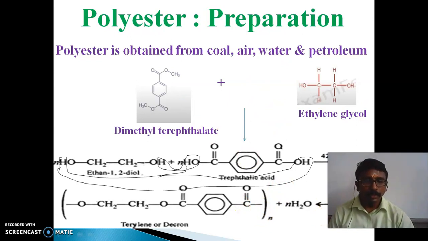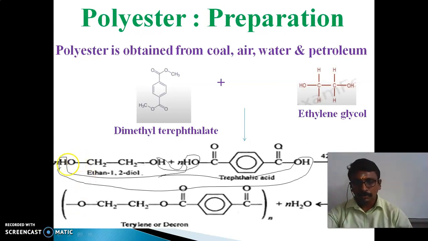So what is the product obtained here? Here the hydrogen is removed, so oxygen is here. CH2, single bond CH2. So here oxygen is there. So C double bond O, and benzene ring, and here C double bond O. So it's a polymer compound.